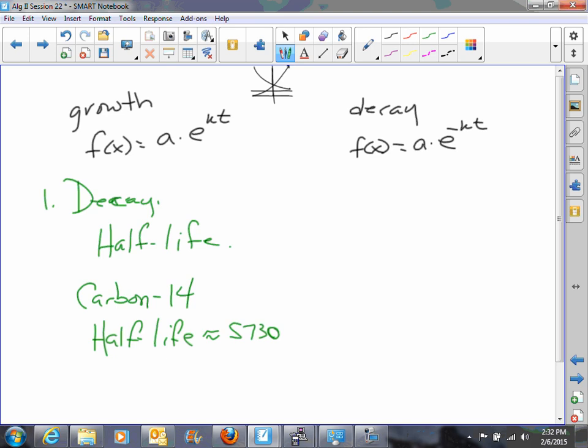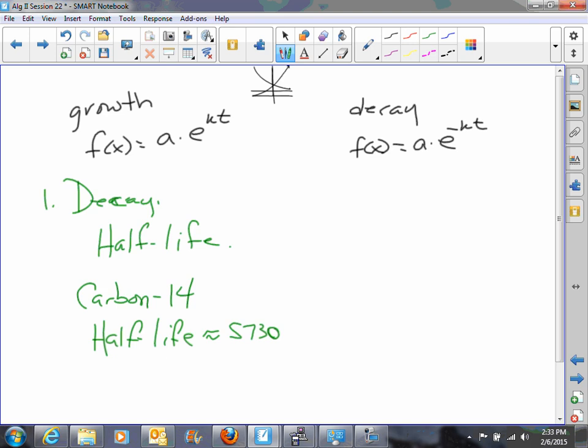And so if you measure the total weight of the organism and you measure the proportion of carbon-14 in it, you can figure from that approximately how long it has been since the living organism died. So carbon-14 can be used pretty easily to find out how old something is.